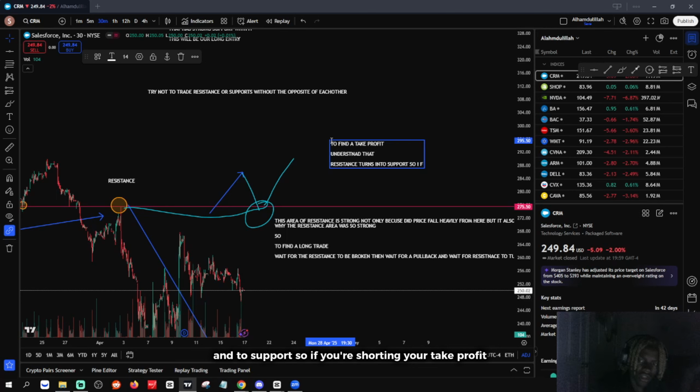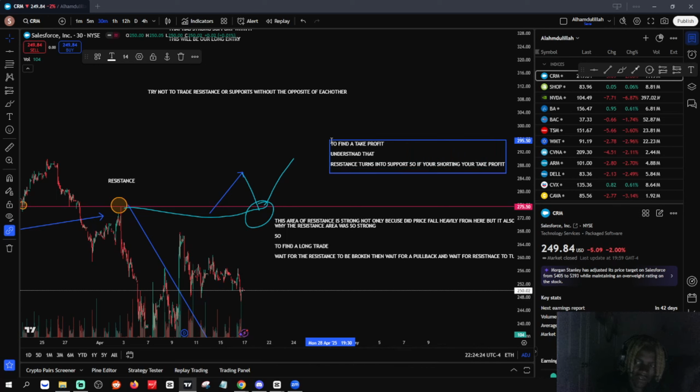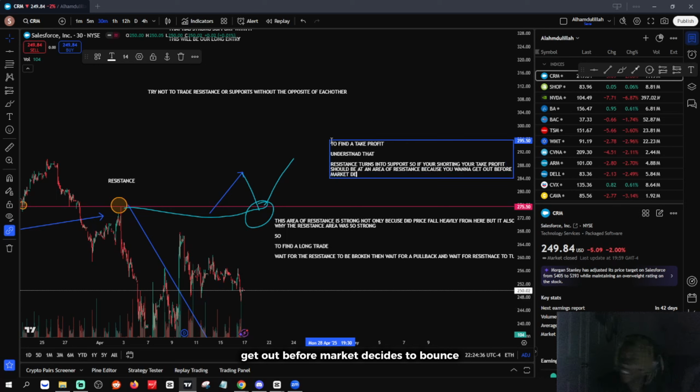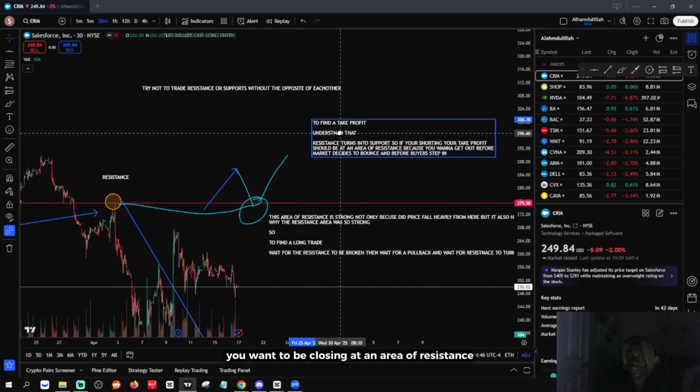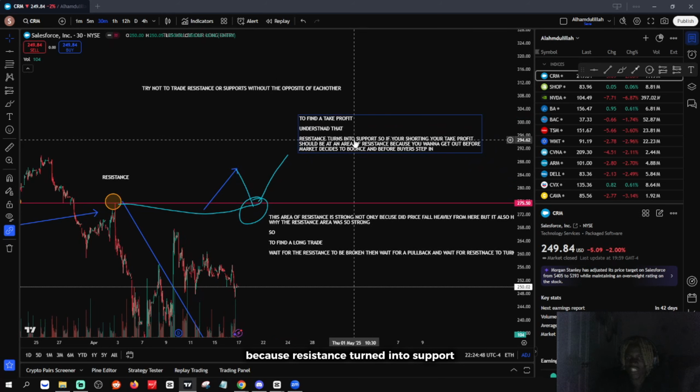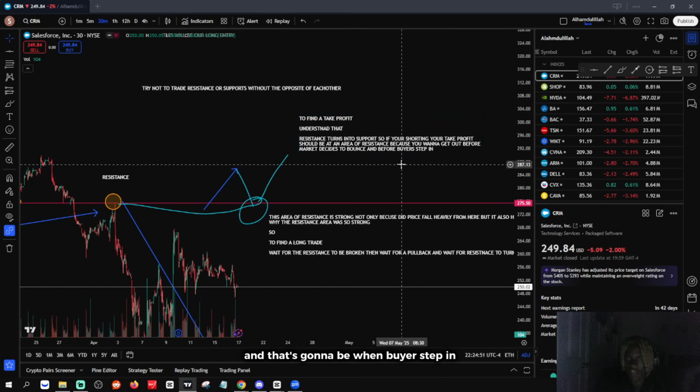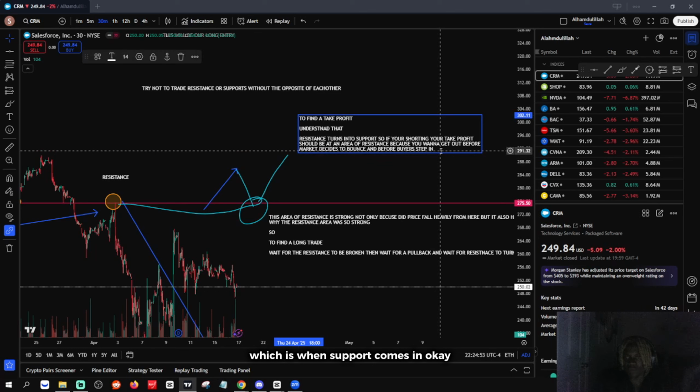So if you're shorting, your take profit should be at an area of resistance, because you want to get out before the market decides to bounce and before buyers step in. If you're shorting, you want to be closing at an area of resistance, because resistance turns into support, and that's when buyers step in.